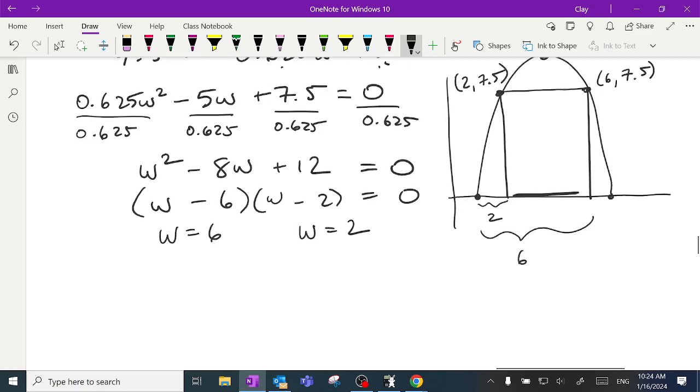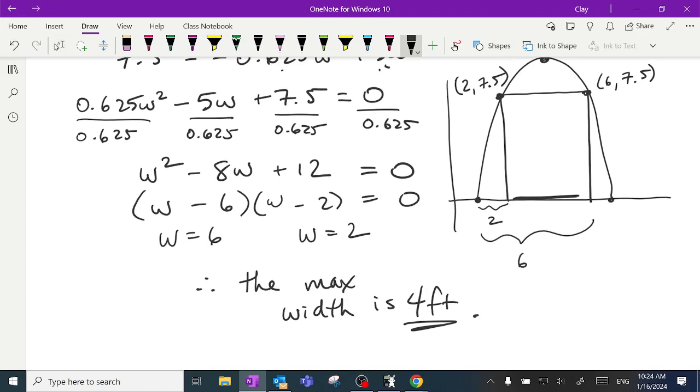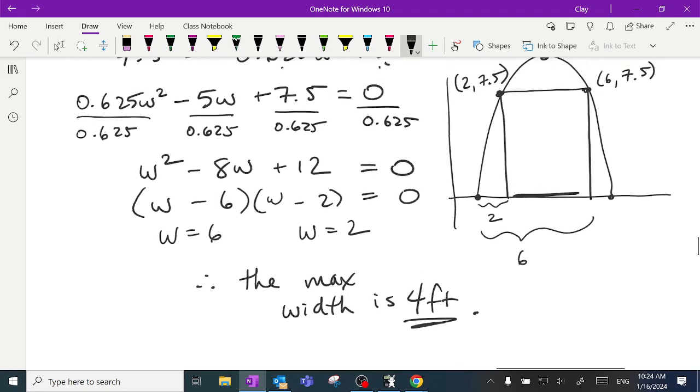The answer is 4. Therefore, the maximum width is 4 feet. Anything wider than 4 feet, and the box won't fit through the door. I guess the argument could be made that even if it was exactly 4 feet, it might get wedged in there. But how about this? It has to be less than 4 feet wide.